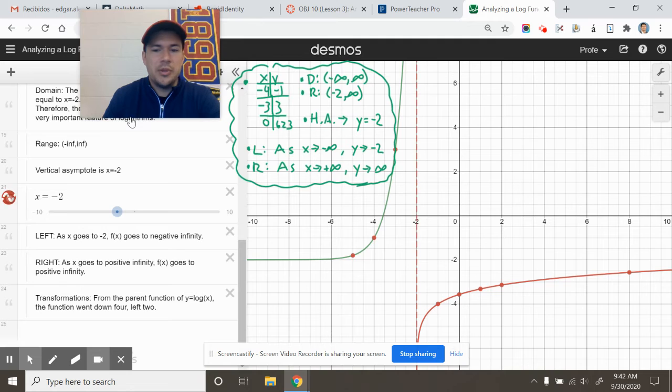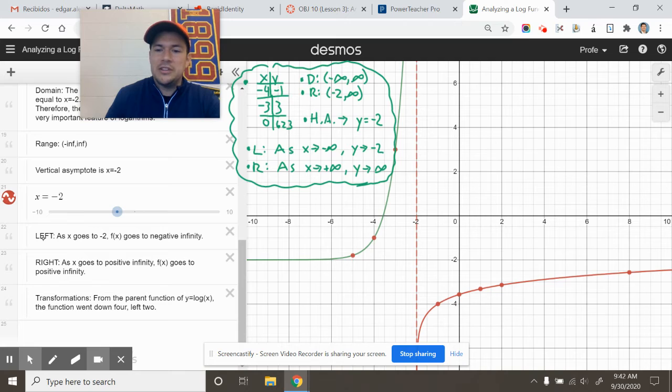Then that helps us see we have a vertical asymptote at x equals -2. I hope that you're starting to see some connections to the exponential function. Then we get to the end behavior. The left end behavior is as x goes to -2. Notice x cannot go to -infinity if you can't approach -infinity in the domain.